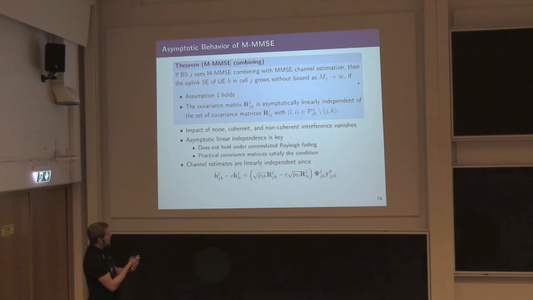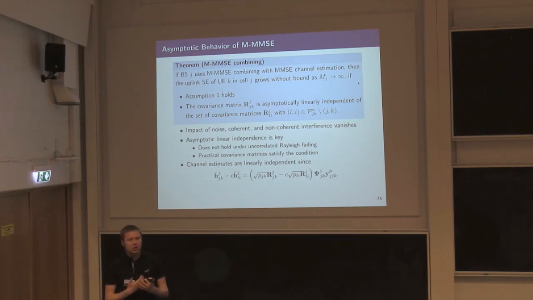Here was the same psi, and then you have different covariance matrices here and different scaling factors. And if these are linearly independent, well, then these estimates will be that as well. So even if they are correlated with each other, they are pointing in different directions, and therefore you can't write one of them as a linear combination of the other one or a scaled version of the other one.